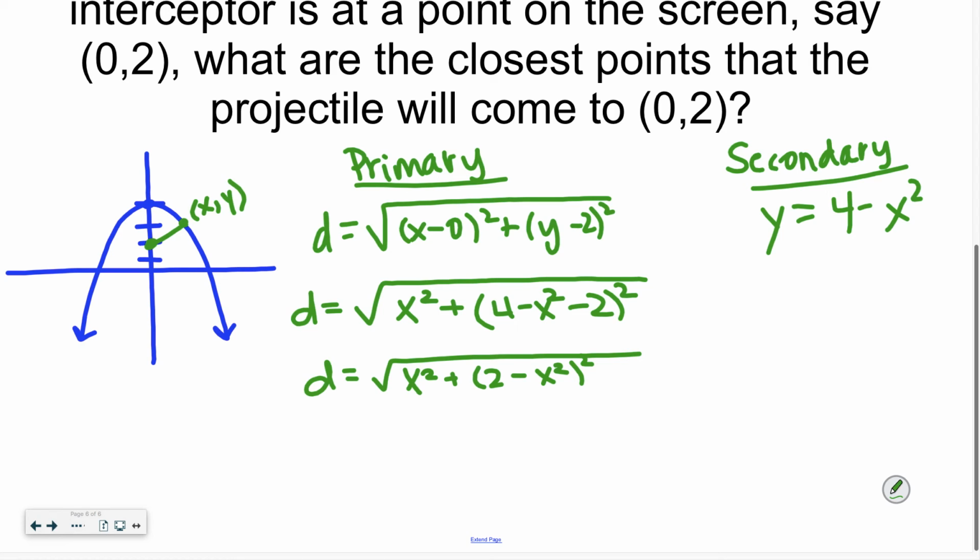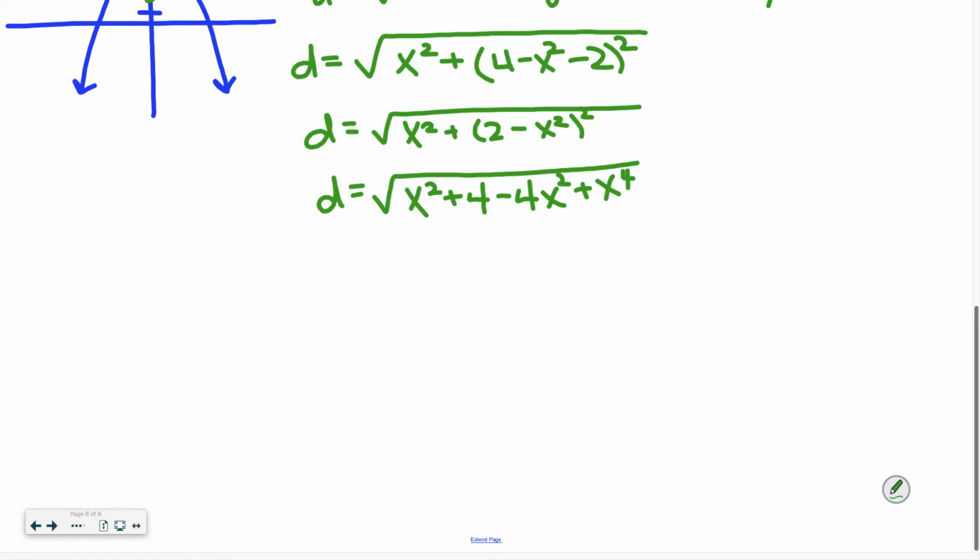There's really no way of getting around it: we have to multiply out that binomial. So 2 minus x squared, the quantity squared, gives us 4 minus 4x squared plus x to the 4th. So what we have is the square root of x to the 4th minus 3x squared plus 4.